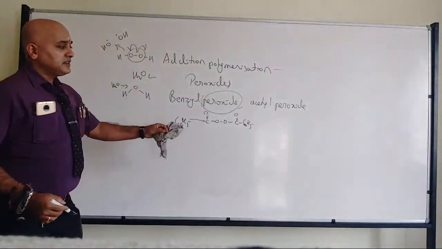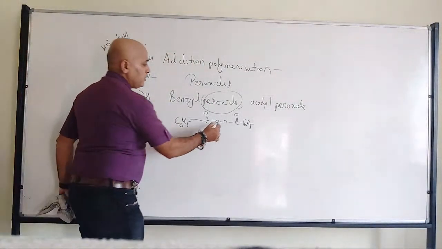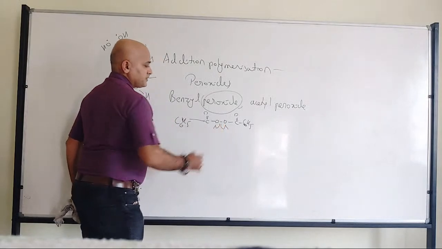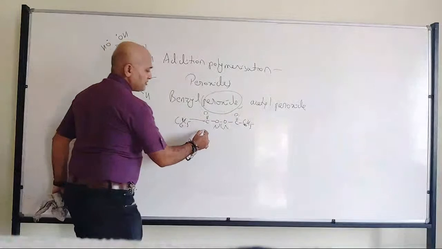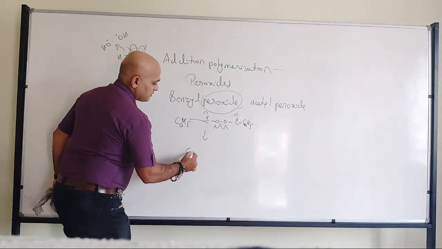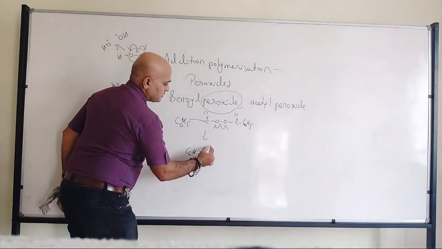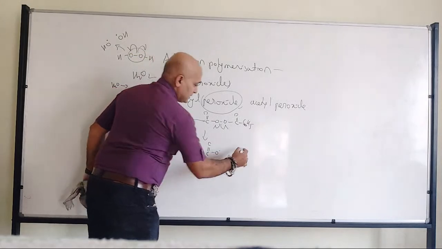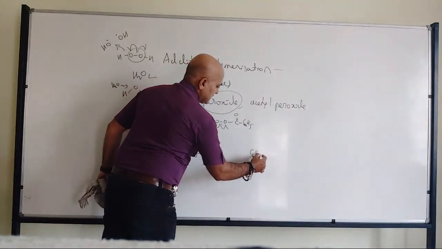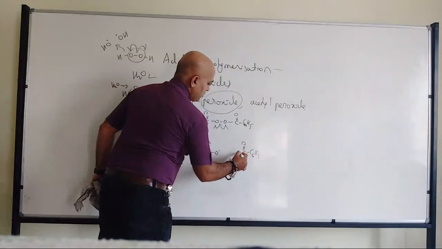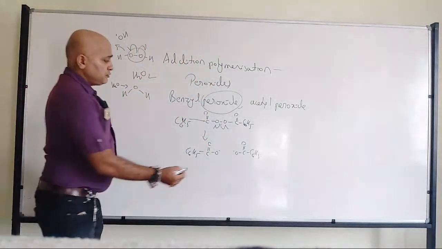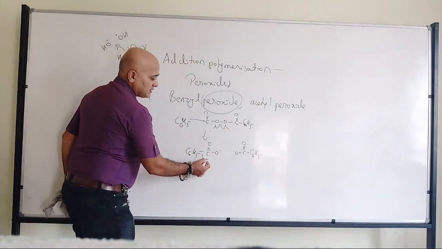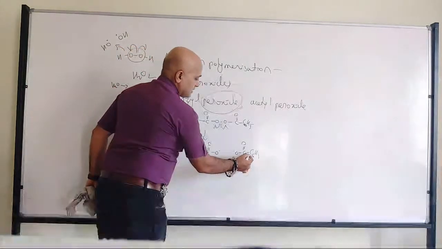That's why we have the peroxide. Now there will be homolytic cleavage, right? So due to that, what will happen? There will be C6H5COO radical, and the same way C6H5COO radical, right? So due to the presence of radical, this bond will be cleaved, okay?